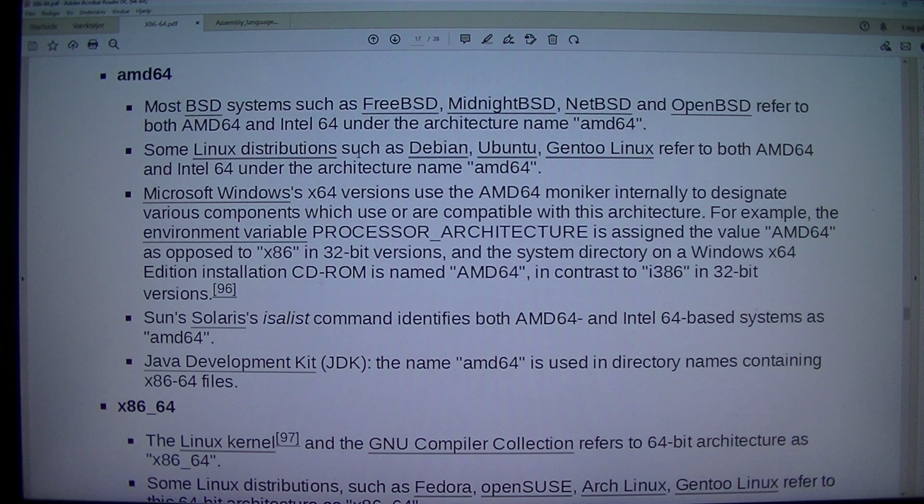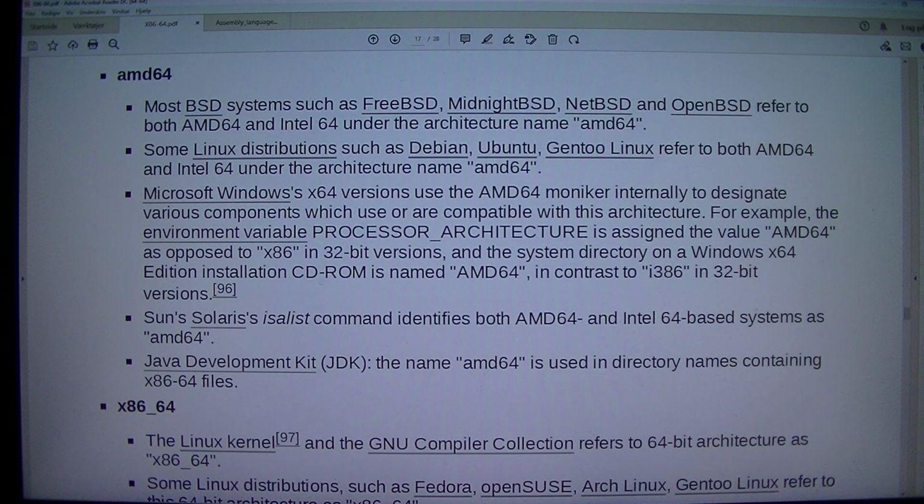Some Linux distributions such as Debian, Ubuntu, and Gentoo Linux refer to both AMD64 and Intel 64 under the architecture name AMD64. Microsoft Windows's x64 versions use the AMD64 moniker internally to designate various components which use or are compatible with this architecture.